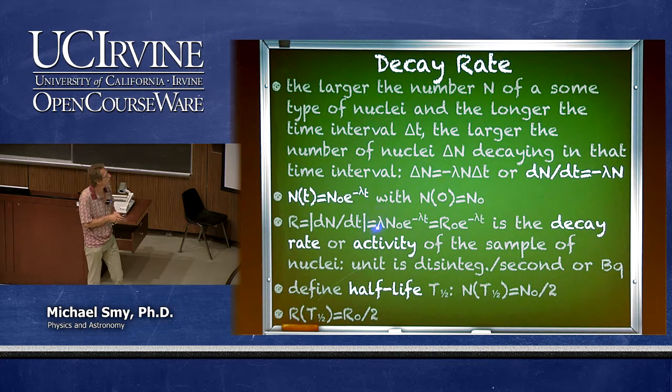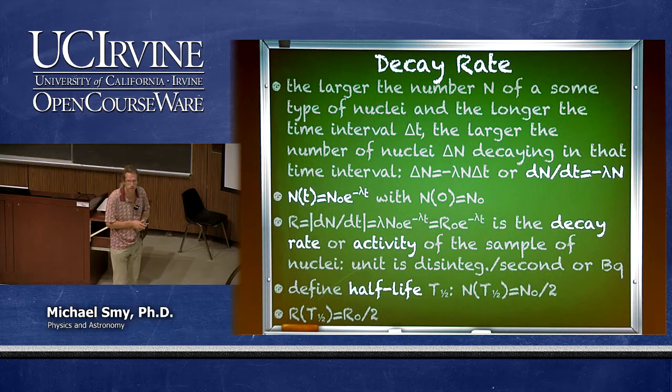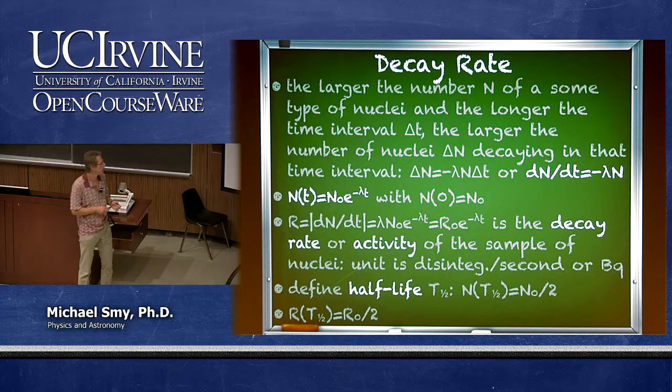And we can then say lambda times N naught is the initial rate of decay, or R naught. This R is called the decay rate or the activity of the sample of nuclei. And the unit is disintegrations per second, or becquerel, in honor of Henri Becquerel.